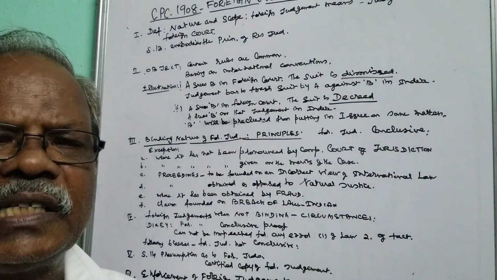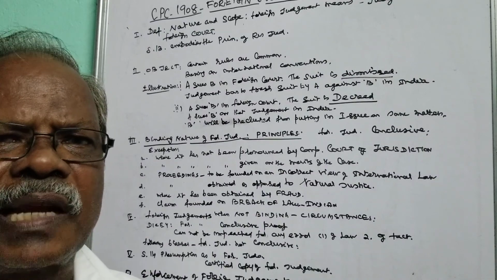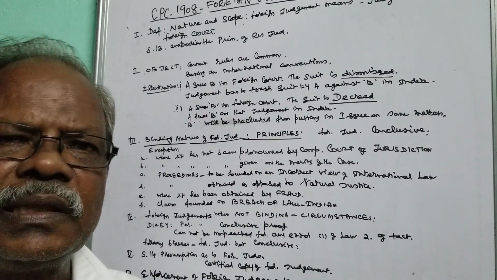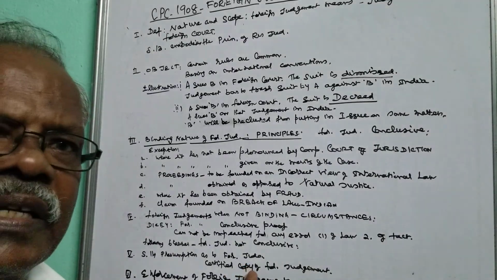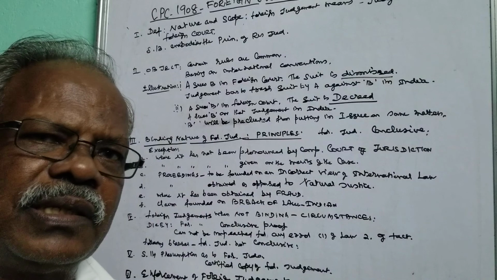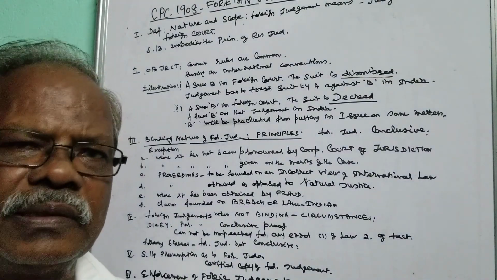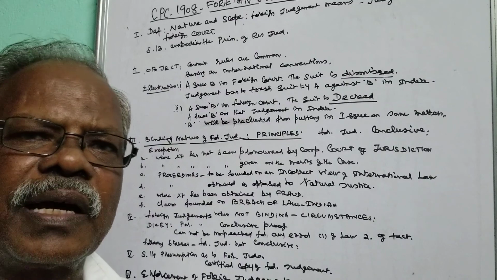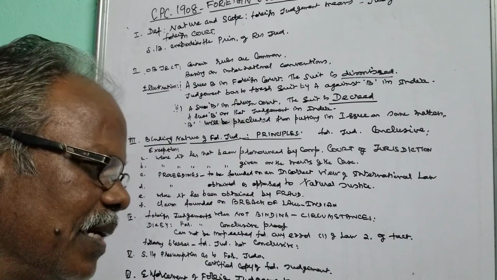Once the foreign judgment is made, simply producing the Xerox copy of the judgment is not sufficient. Actually, a certified copy of the foreign judgment should be submitted in the Indian court for implementation or execution of the judgment.